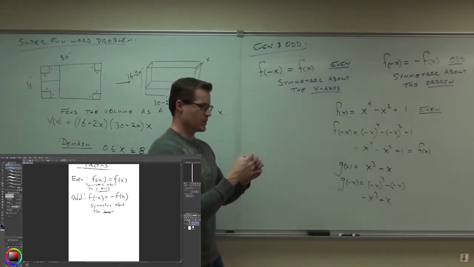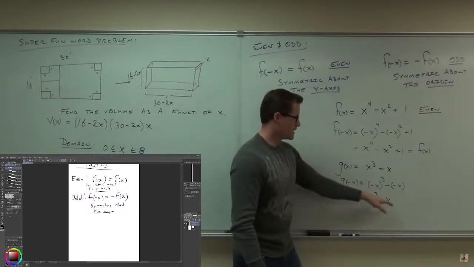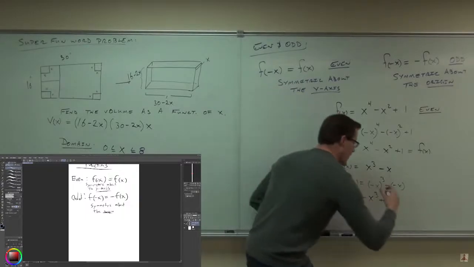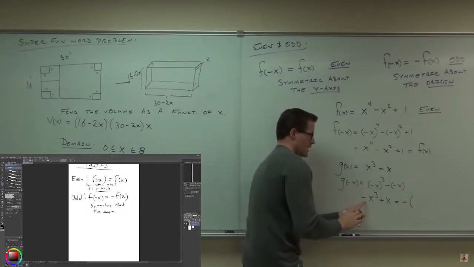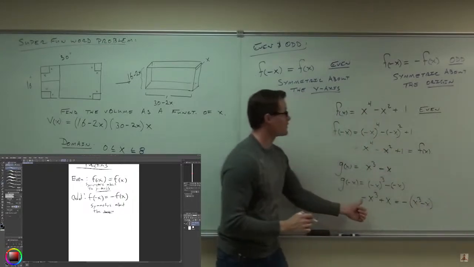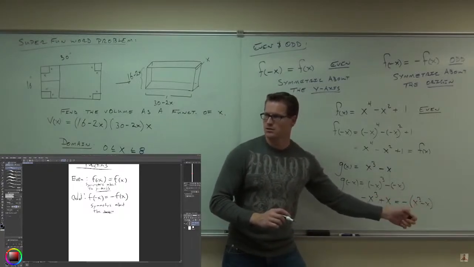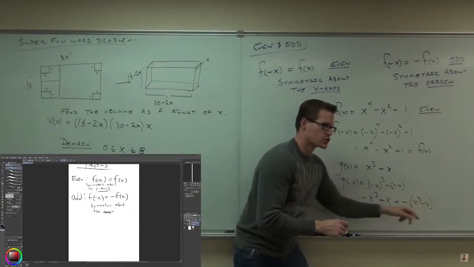Here's how you tell the odd. If every term in your function is opposite of what you started with, what you could do is factor this out. If you factored a -1, you would get -x cubed minus x. Do you see how if I factor out that negative, I'm getting back my x cubed minus x? This is negative of your original function.